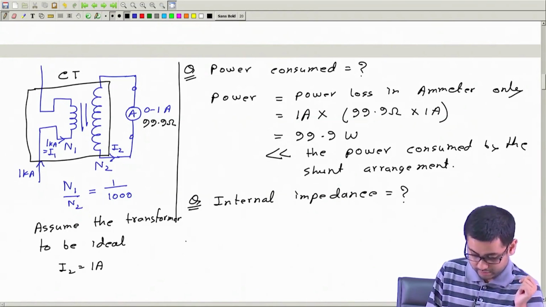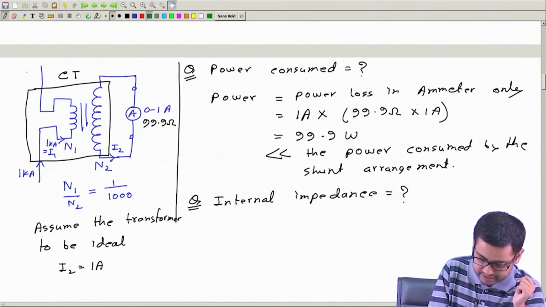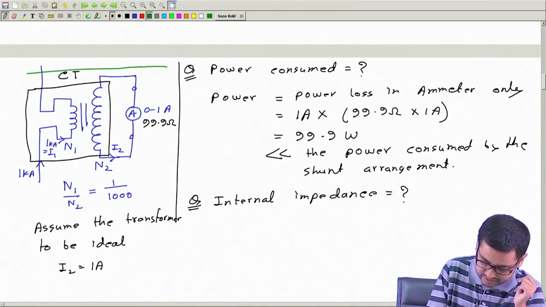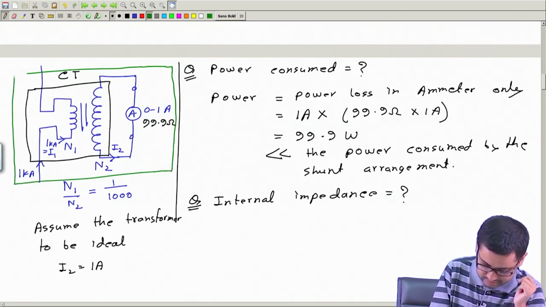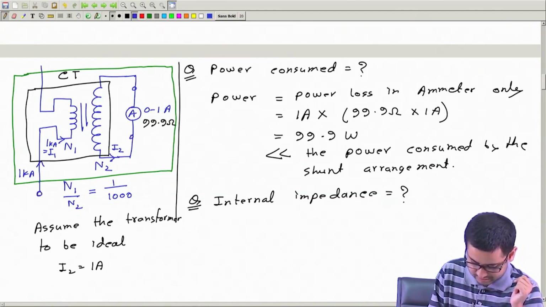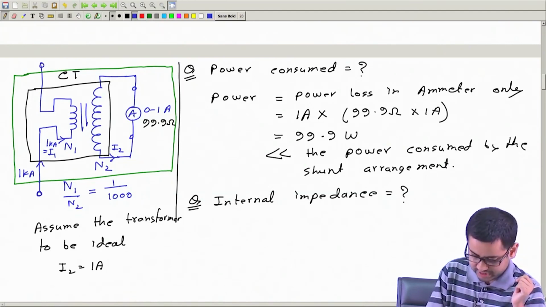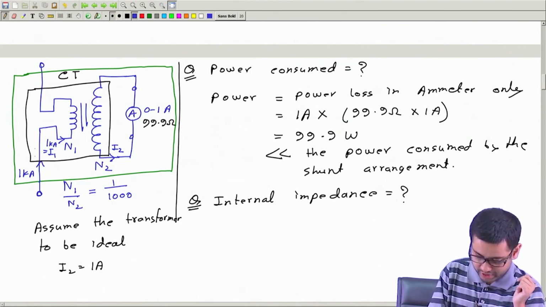Now which is my measuring instrument? My measuring instrument is this transformer together with this ammeter. So I can say that these two things together are my measuring instrument. The current enters through this and leaves through this. So how much is the internal impedance between these two terminals?